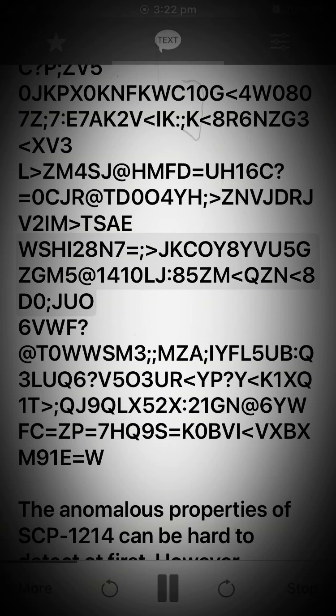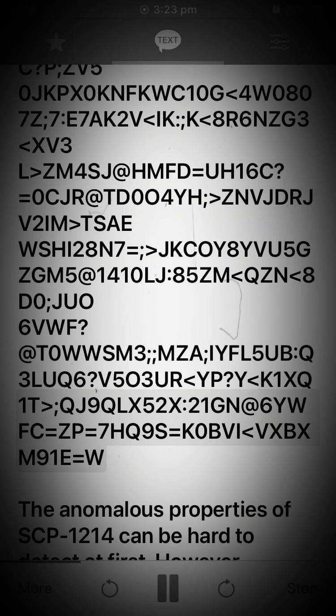C. WSHI28N7 equals JKOI8AVU5GZGM5 at 1410 LJ85ZM. QZN. 8D0. JUO. 6VWF. At T0WWSM3. MZA. Eiffel 5 UB. Q3 Lux 6. V503A. IT. Y. K1XQ. 1T. QJ9QLX52X21GN at 6 IWF equals ZP equals 7HQ9S equals K0BVI.